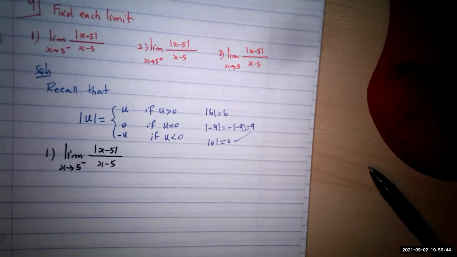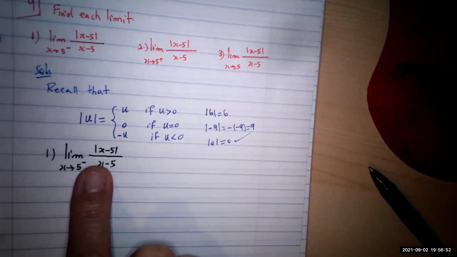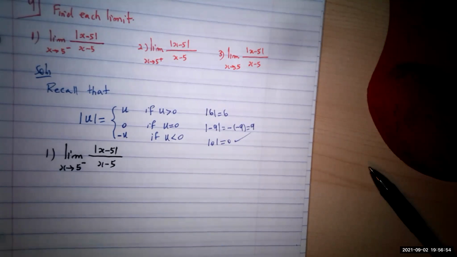Give us a number less than 5. 3. If you substitute 3 over here, what's going to be the result? It's going to be 3 minus 5, a negative 2. And you know that the absolute value of negative 2 would be the opposite of negative 2.